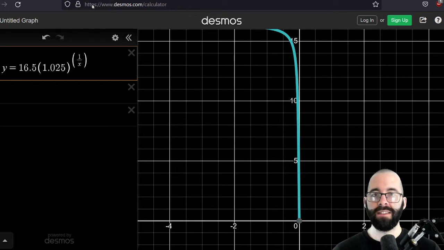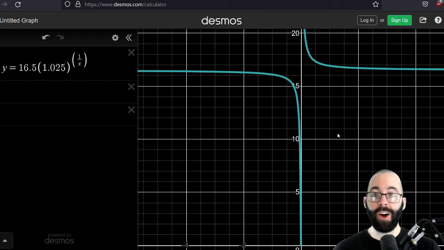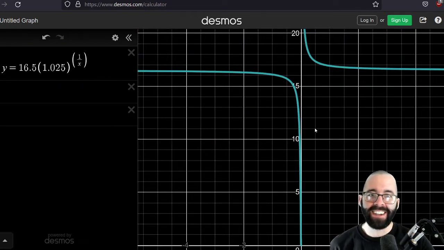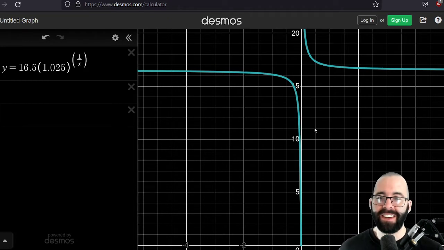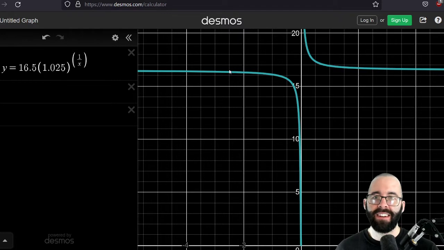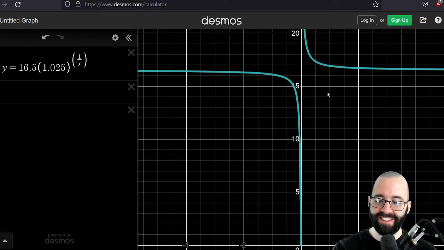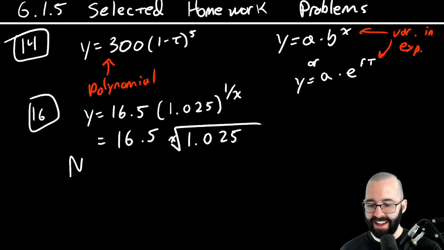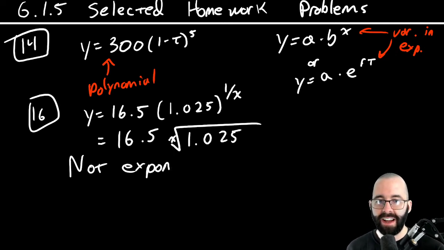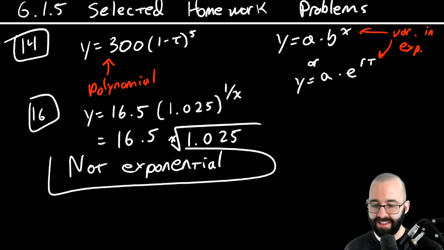What is this? Yeah, okay. So this has an asymptote. When x is equal to 0, this is not defined. It's certainly not exponential. You can always graph when you're in doubt. This is not exponential. This isn't even a radical equation. Radical equations have x's on the inside of the radicals. This is just, I don't know what this is called.